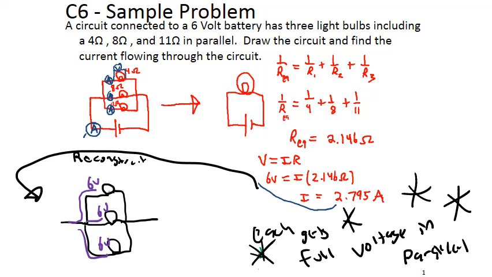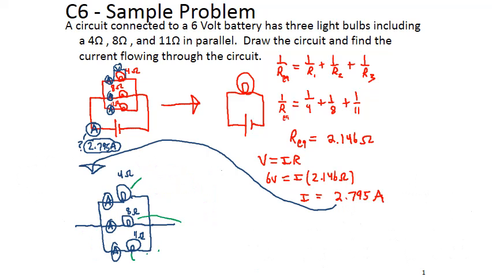And so what we can do is say, okay, I know that I've got 6 volts. We don't know how much current's passing through there. We have a 4 ohm resistor. And the top one, if we take 6 divided by 4, we'll get 1.5 amps. And that's actually how much current is going to be passing through this top one. And then we can do the same for these two.